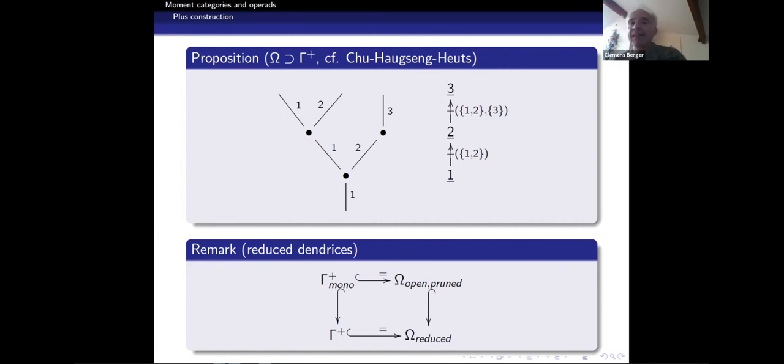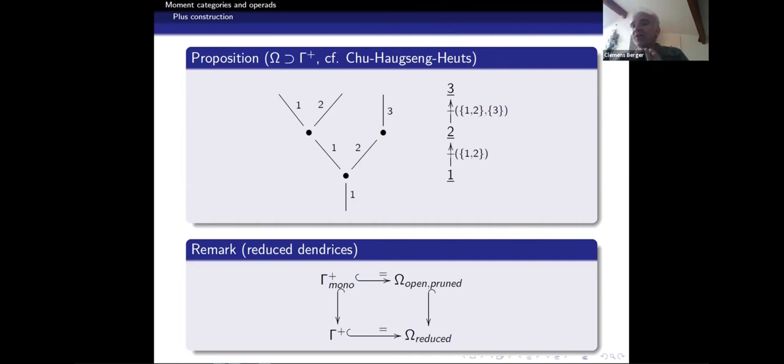And so extension of this gamma monic to all gamma plus defines you actually a full subcategory of omega of reduced trees. And there is work of Chu, Haugseng, and Heuts which shows that this subcategory is enough from a homotopical point of view. And it is also enough from an algebraic point of view, because gamma plus monoids are also symmetric operads.